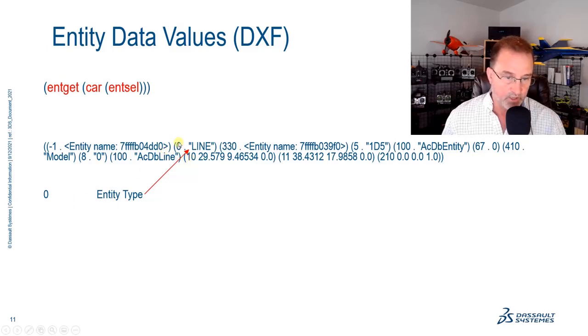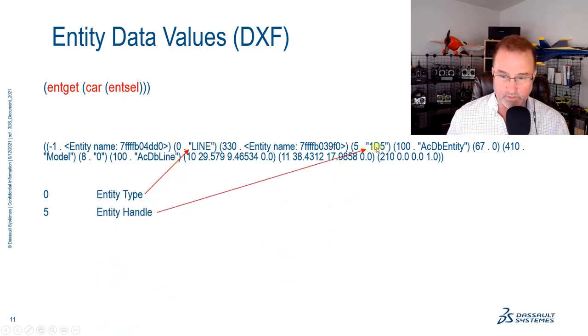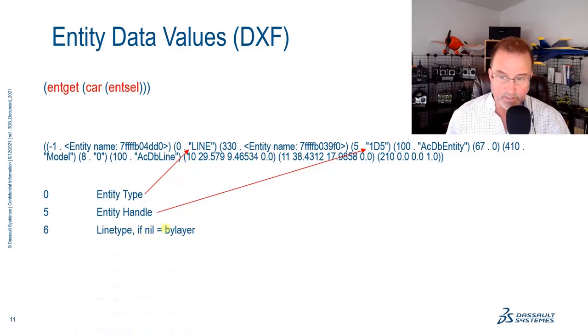So here, if I look for 0, it tells me that that object I selected is a line. If I look at number 5, this is an entity handle. It's a random handle that exists. We'll talk about that later on in some of the advanced sequences and things that we look at, but this is sometimes a good piece of information to retrieve from the object. Now in this case, if you notice, there's no association list for 6, which is line type.